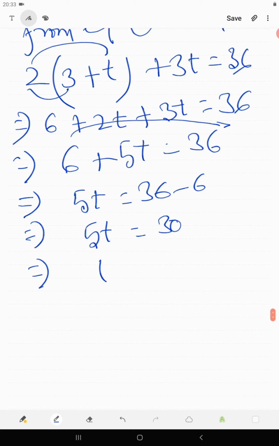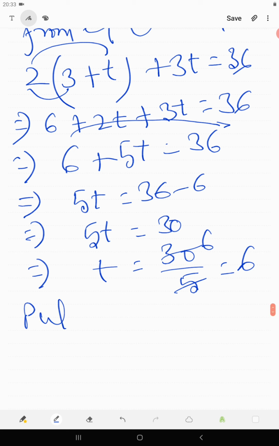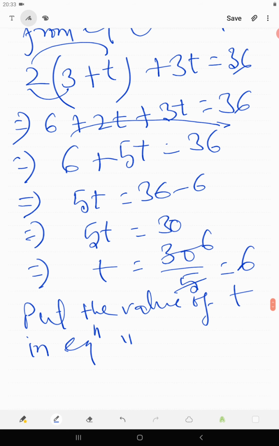So t equals, now 5 is multiplied with t. When we take it towards the right, it becomes division. So 30 divided by 5. 5 sixes are 30. So we have got t equals 6. Now put the value of t in equation 3, and we will get the value of s.